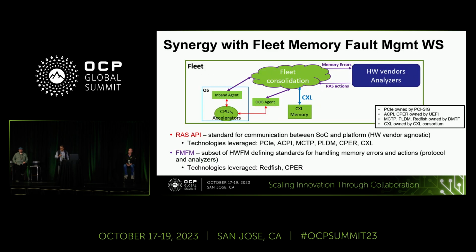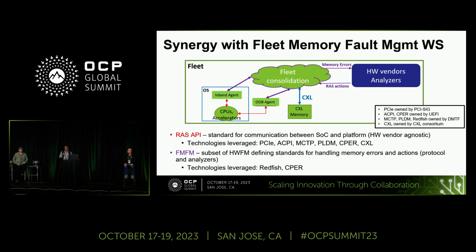The next one is the synergy of RAS API with the fleet memory fault management workstream, the FMFM that we just talked about. Like we've seen, RAS API is a standard for communication between the SoC and the platform. In the diagram here, you see the red lines heading out of the SoC via in-band or out-of-band agents.